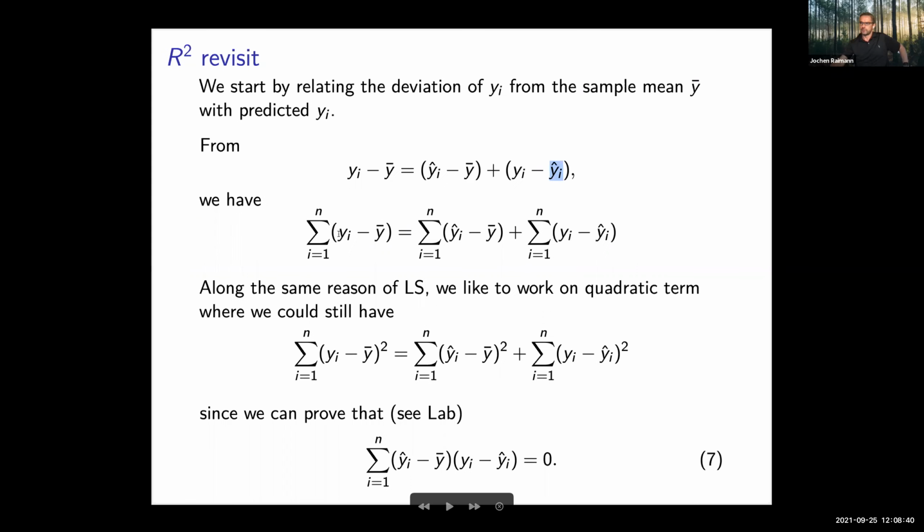And as a consequence, we can also relate the sum of these.